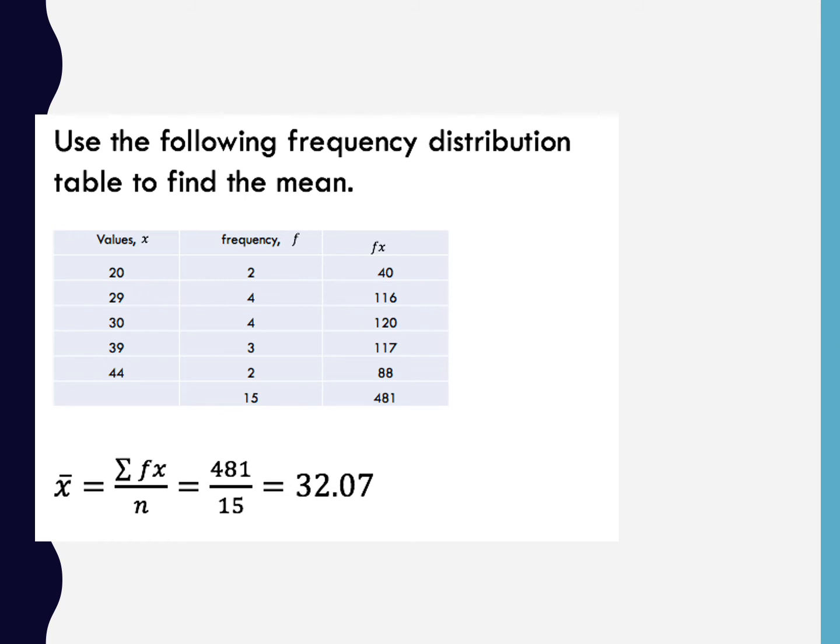Doing that for all of the values and frequencies, get the sum of all the products of the values and the frequency and divide it by the total frequency, and then you will get your mean. In this case, the sample mean is equivalent to 32.07.